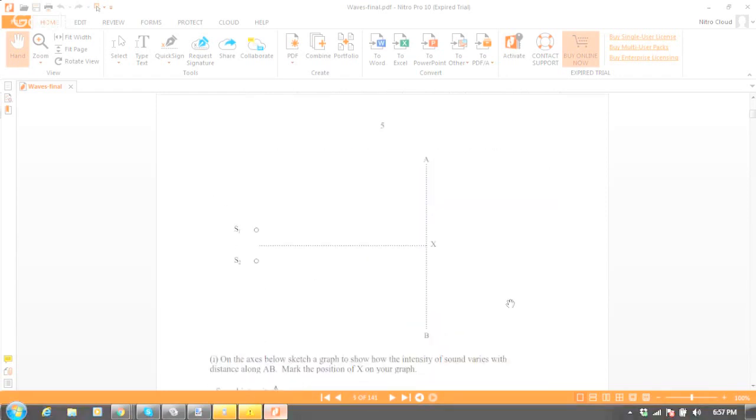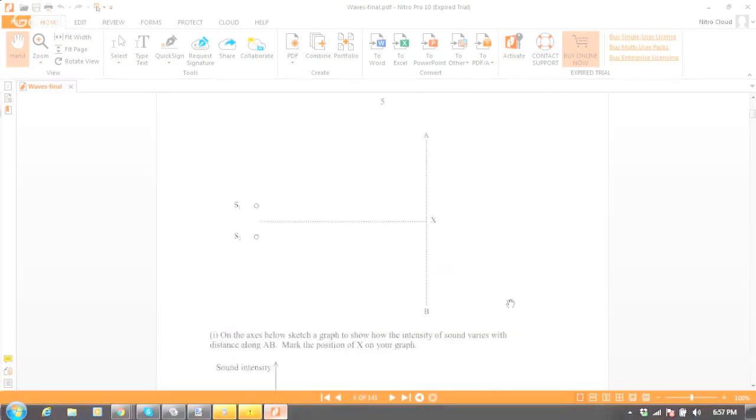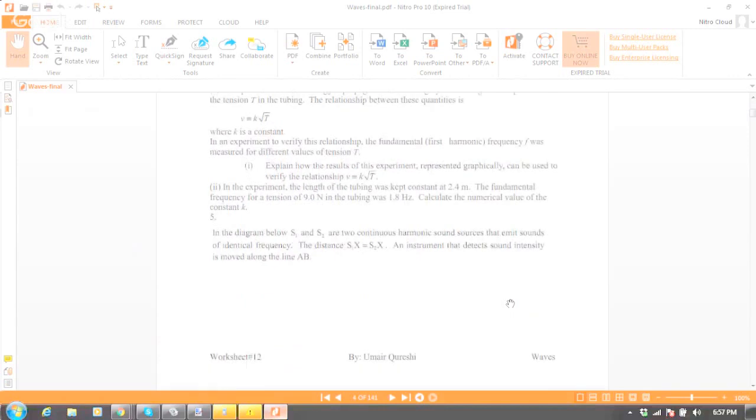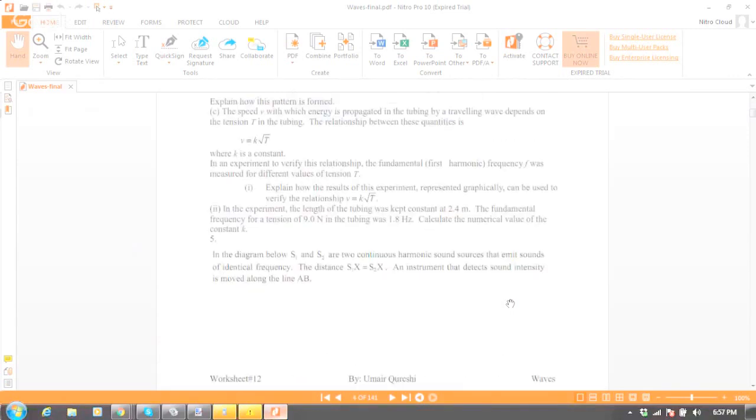We go to, you can see the questions here. Question number 5 says that in the diagram below, S1 and S2 are two continuous harmonic sound sources that emit sounds of identical frequency.